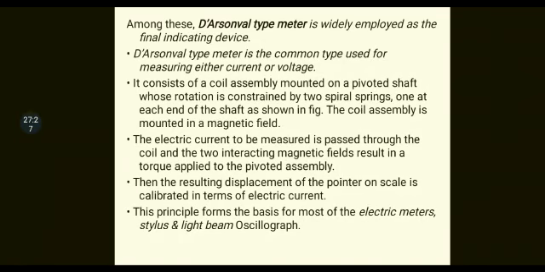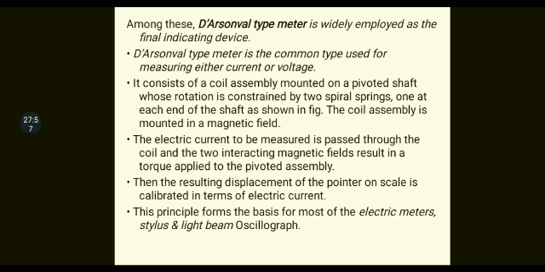It is used in measuring a change in current or a change in voltage. So the D'Arsonval meter measures current or voltage. Then what does it consist of? When we say a current or voltage meter, some circuit should be there, in the sense some coil assembly.